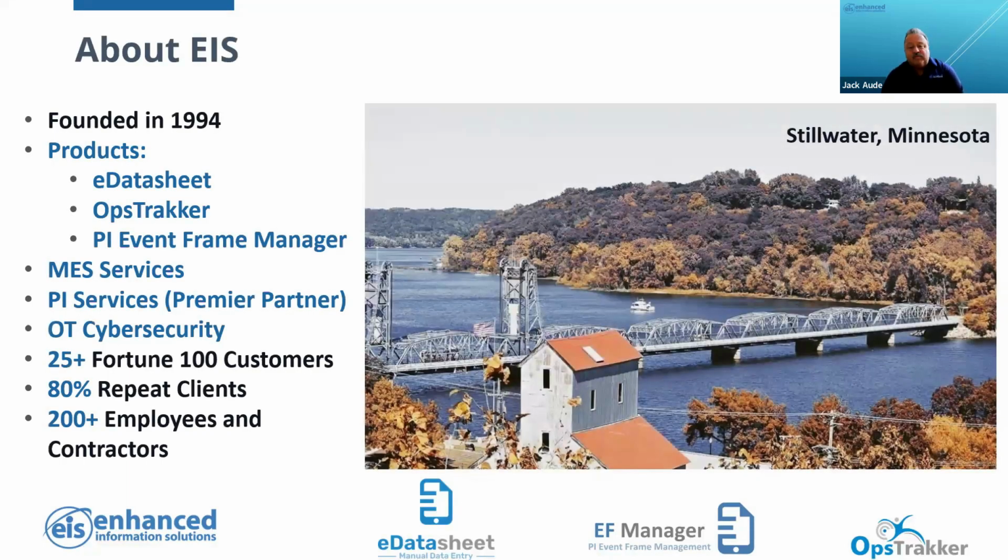About EIS. Who is Enhanced Information Solutions? We were founded almost 30 years ago in Stillwater, Minnesota, providing MES consulting and implementation services, Pi services, Seek services, OT cybersecurity, and we actually have 3 products. eDatasheet for manual entry of data into Pi, Ops Tracker, an electronic logbook with workflow and a complete audit trail, and Pi Event Frame Manager, newly released, where you can create and edit Pi event frames.